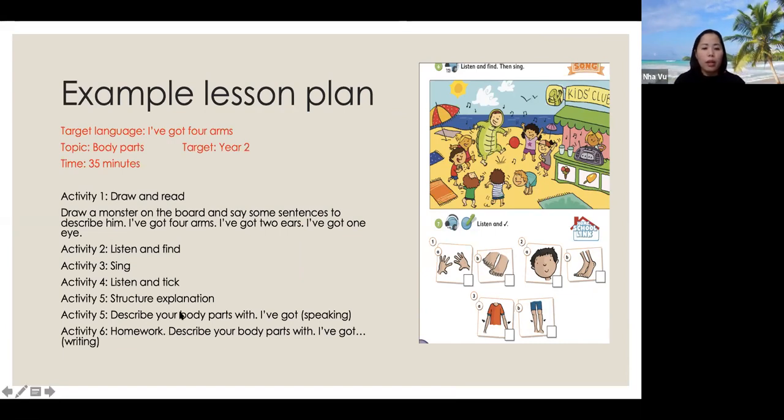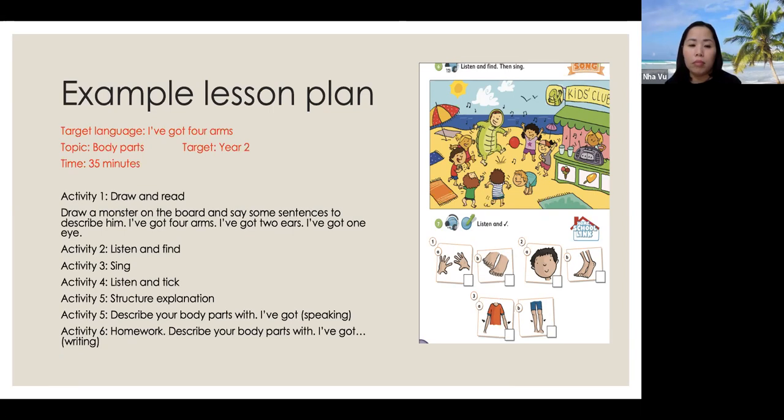One more thing I would suggest to teachers, from my own observation and from the experience of other teachers, is that we provide some structure explanation, because all the books for young learners focus on just activities and activities, and sometimes the teachers are too busy to have activities that help the learners to notice the structure.